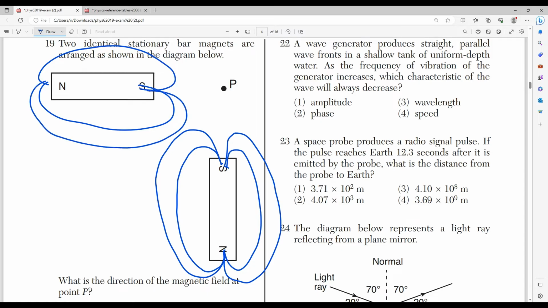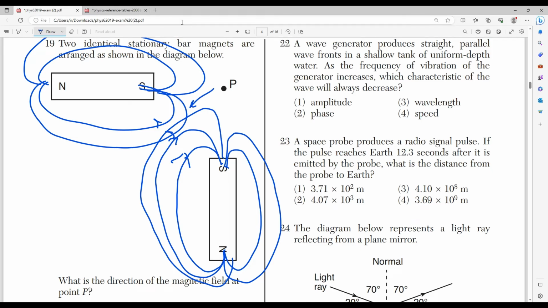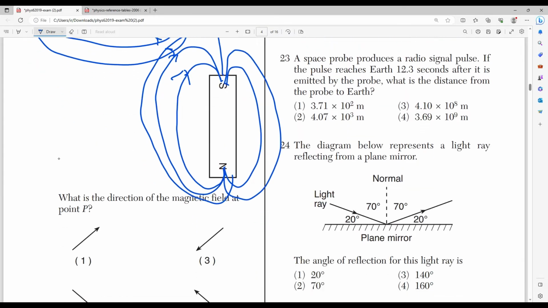If you draw enough of these, you're going to notice that this P is right next to these lines that are actually pointing toward, I guess, southwest. They're going to be pointing downwards.